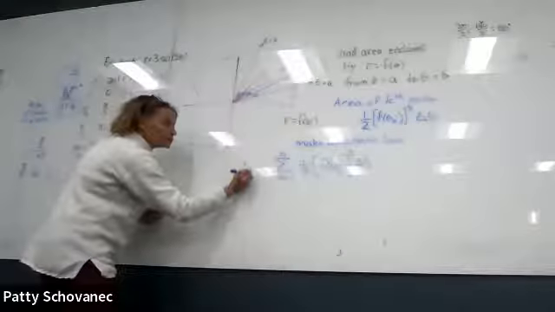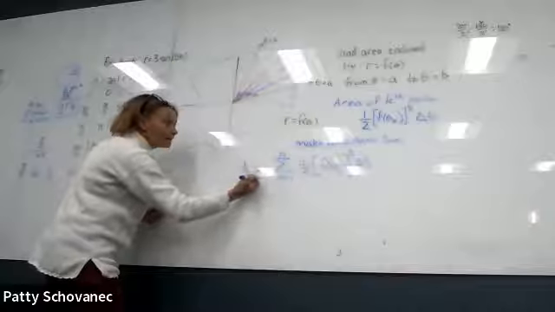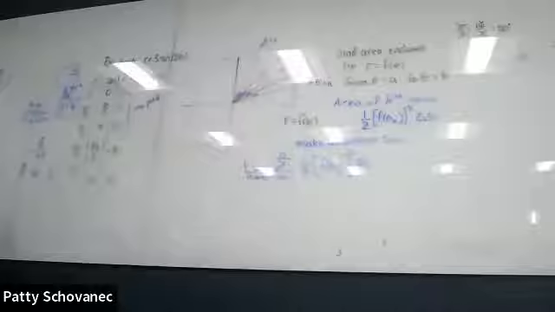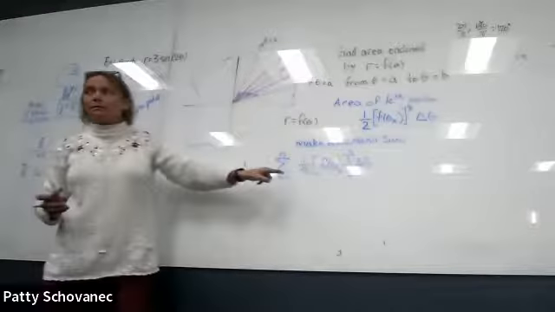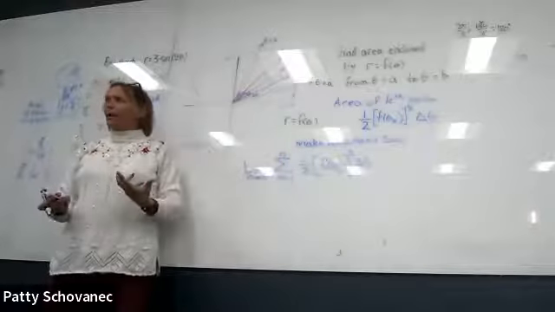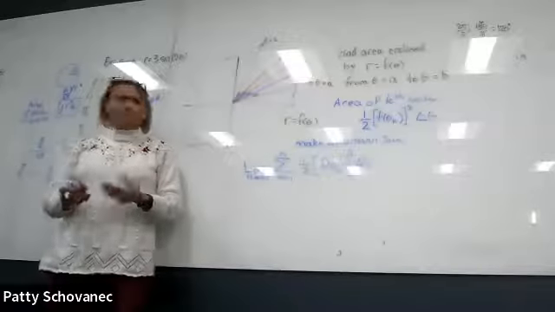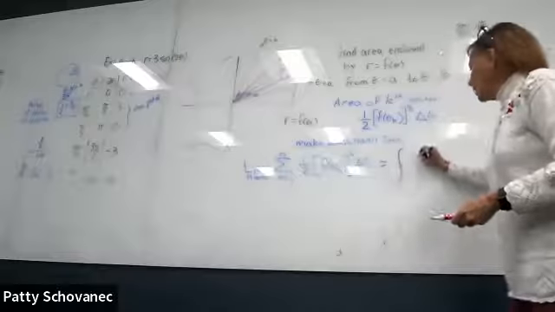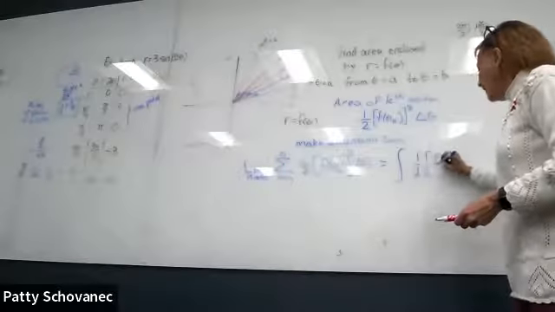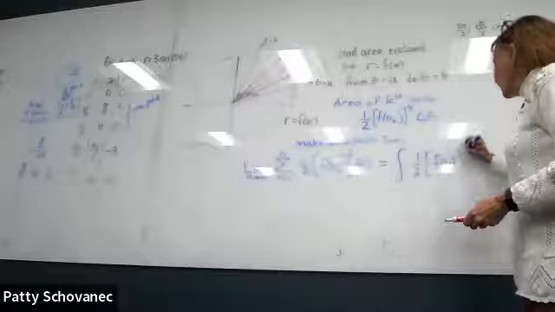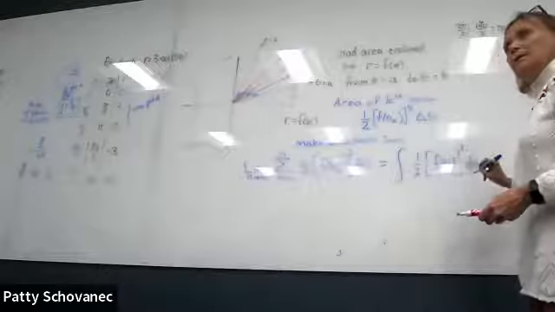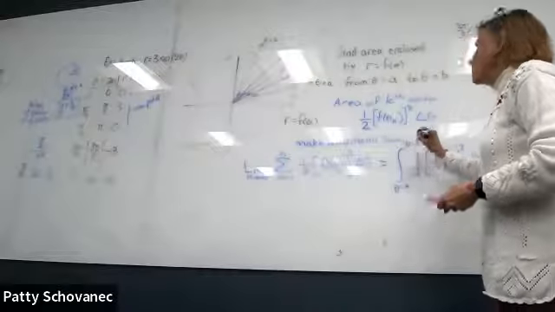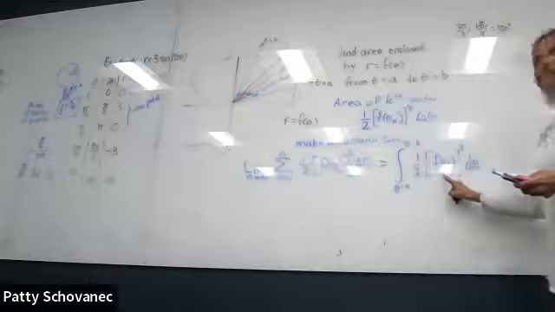And then once I do this, the magic of calculus happens and the Riemann sum turns into a definite integral, whose integrand looks like this: 1/2 f of theta squared d theta. So we get our area to look like 1/2 f of theta squared d theta, and we're going to do this from theta equals A to theta equals B. Whatever generates the curve goes here.